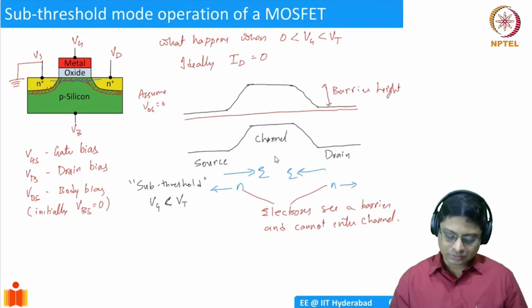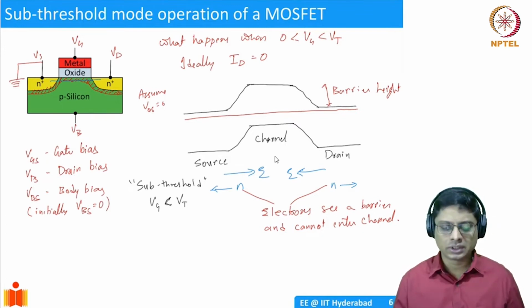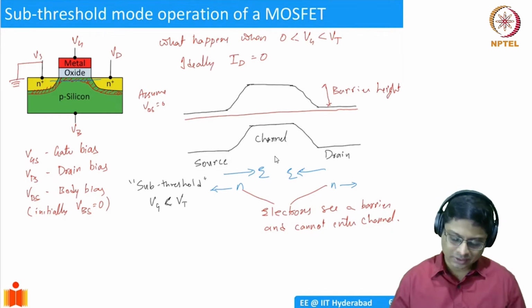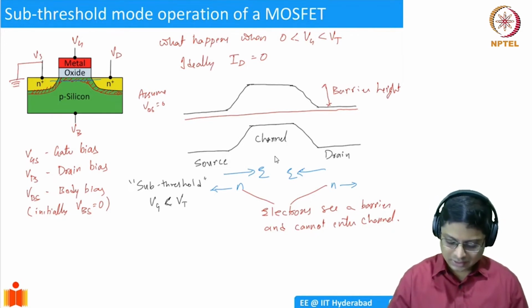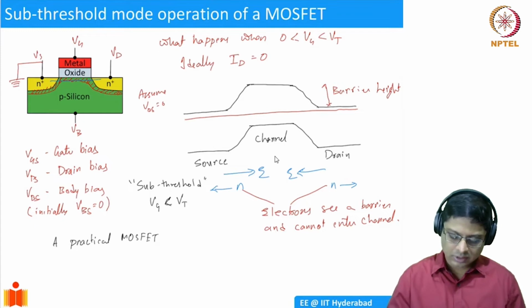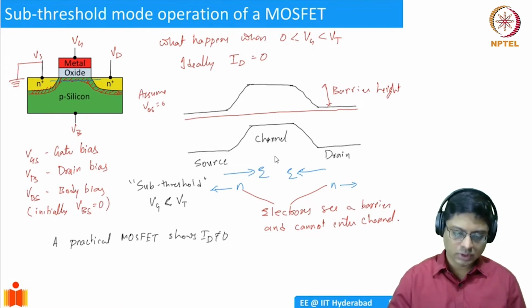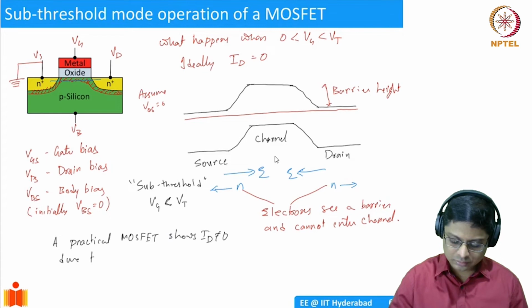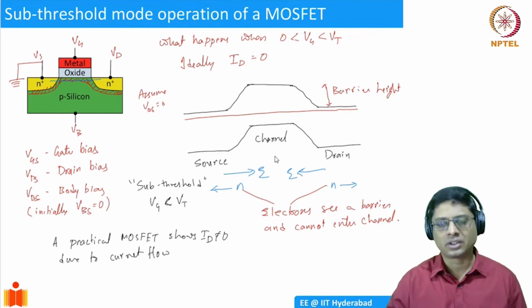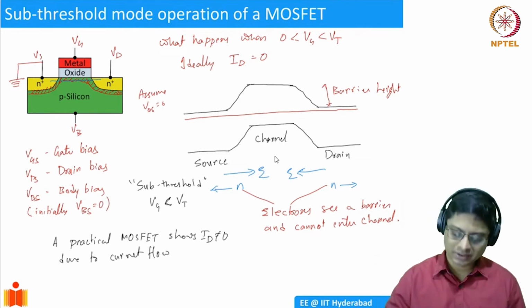Okay. So now, once you have this, in an ideal MOSFET, ID is 0, but a practical MOSFET shows ID not equal to 0, due to current flow across the junction barrier, or across the, we call it thermionic barrier, right?